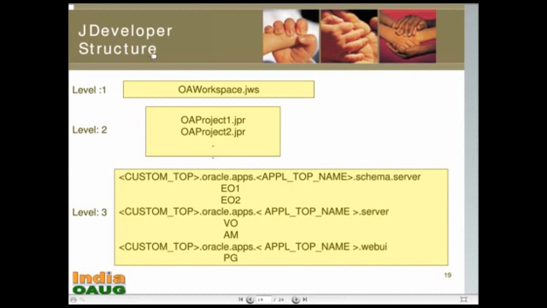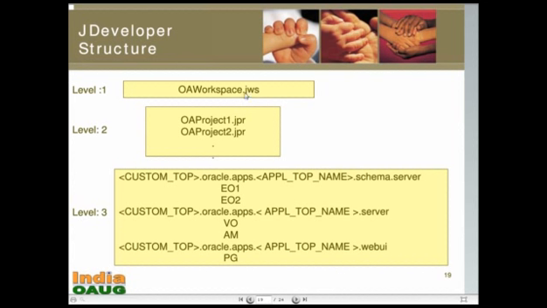Now the JDeveloper structure, this tool's structure. In JDeveloper, first we have to create the Java workspace. Nothing but a project. Java workspace is nothing but one project, one module. JWS is nothing but a Java workspace.